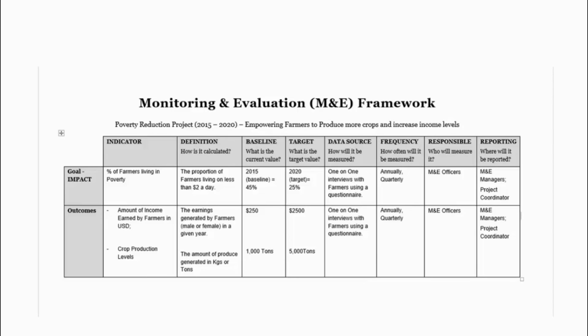The reason is that the framework gives you all the indicators, a brief definition, and also one of the most important things, it showcases who is responsible and how often we collect this data.